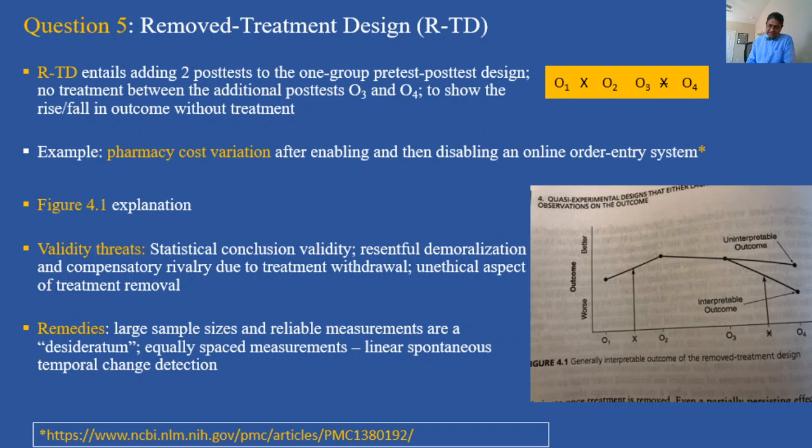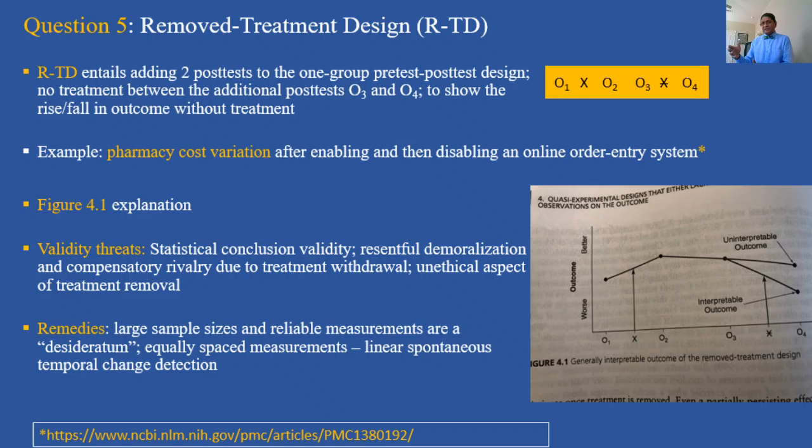Now, an example is a case that I came across in an NIH article, talking about how the pharmacy product costs were reduced after institutionalization of an online order entry system, which entailed that customers go online, place an order, and then the orders were filled in the pharmacy, which reduced a lot of labor, which reduced time, thereby leading to reduced cost of the products.